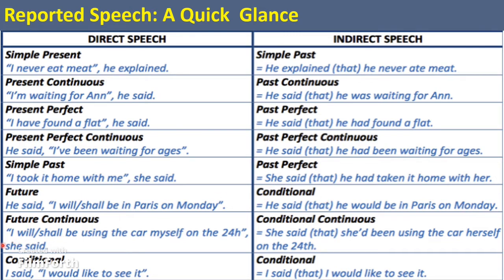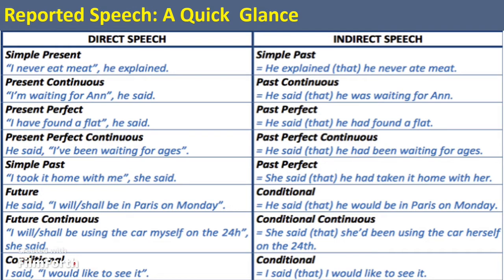Future continuous. "I will or shall be using the car myself on the 24th," she said. She said that she would be, actually there's a small mistake here children, would be using the car herself on the 24th. That is the right answer. So future continuous is becoming conditional continuous.